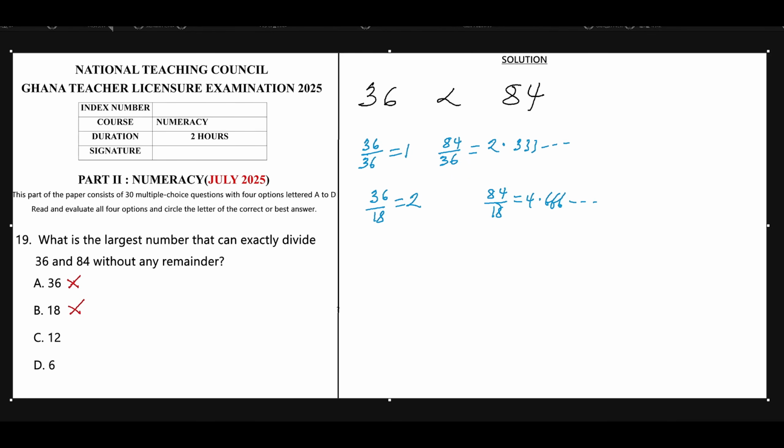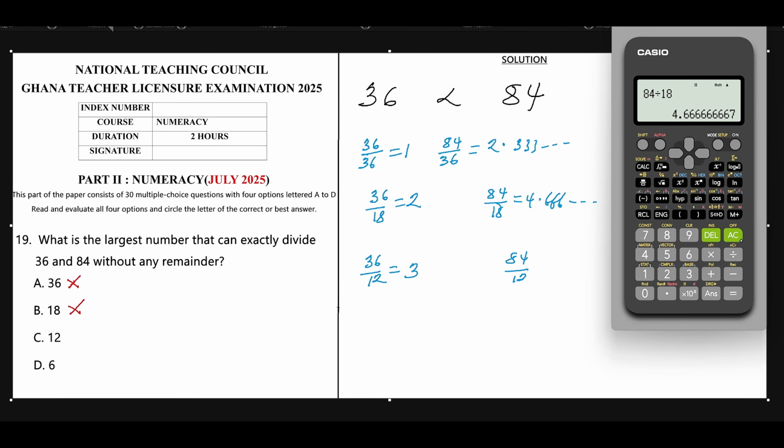Next, let's also verify with 12. 36 divided by 12 and then 84 divided by 12. 36 divided by 12 is 3. There is no remainder. But what of 84 divided by 12? That gives 7. So this is exact.